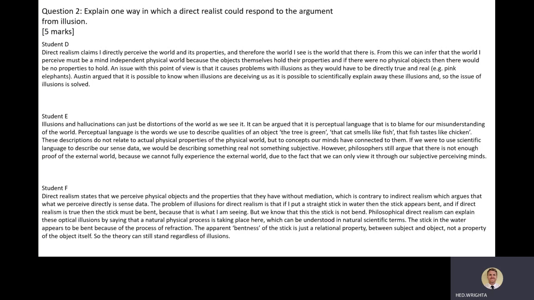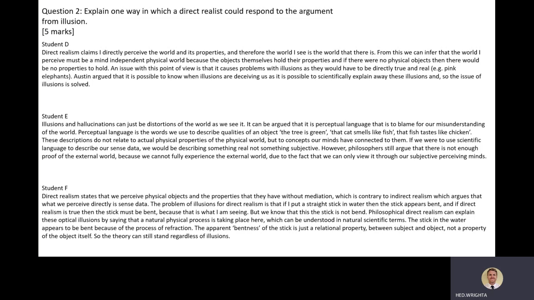Student E. Illusions and hallucinations can just be distortions of the world as we see it. It can be argued that it is perceptual language that is to blame for our misunderstanding of the world. Perceptual language is the words we use to describe qualities of an object. The tree is green, the cat smells like fish, that fish tastes like chicken. These descriptions do not relate to actual physical properties of the world, but to concepts our minds have connected to them.